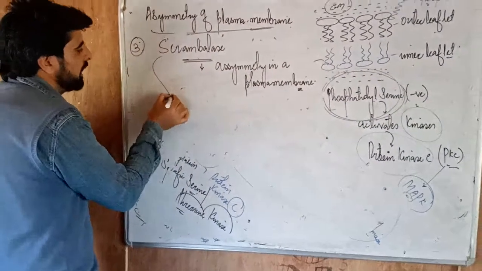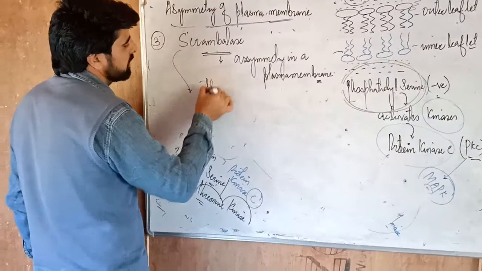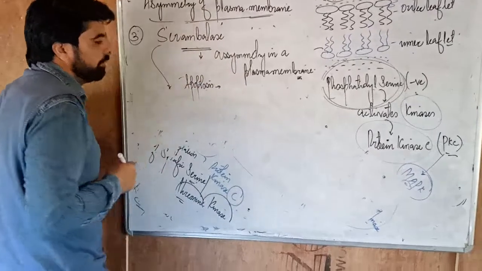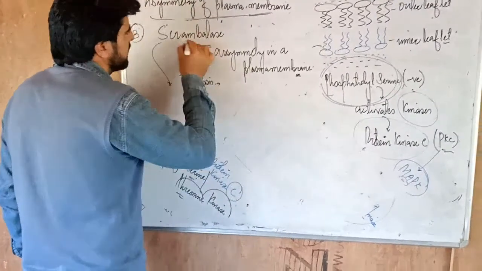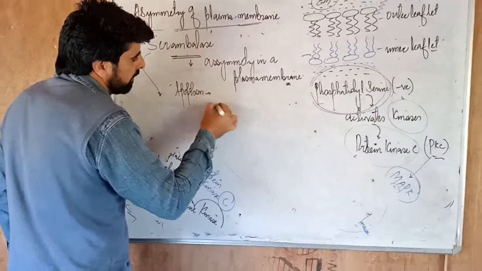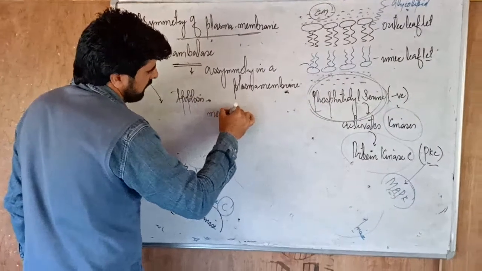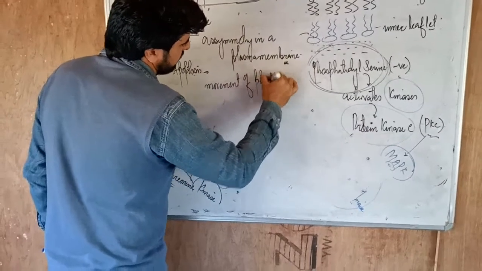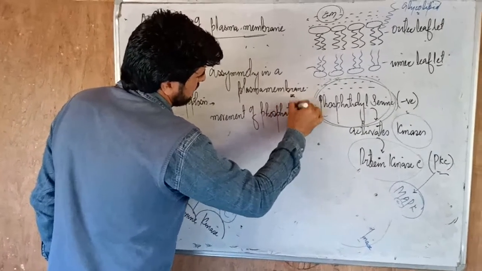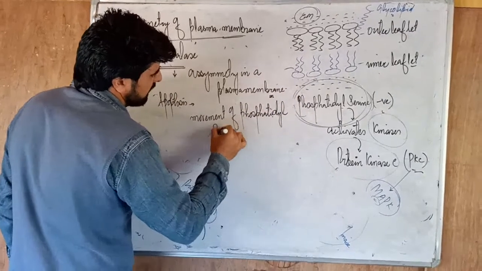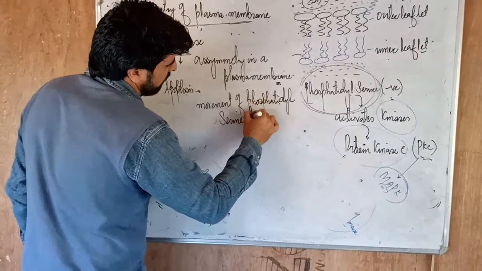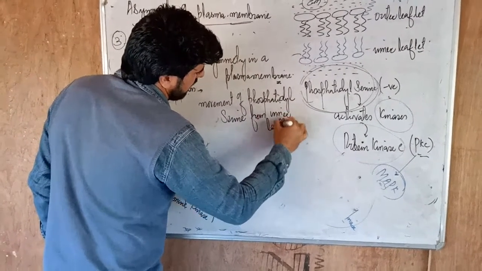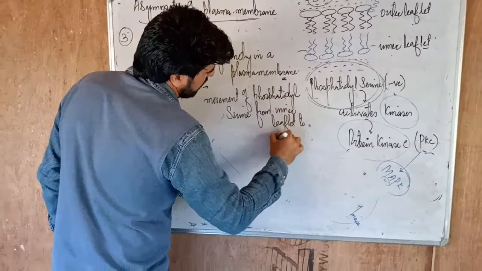And one more thing I told you about scramblase: it helps in the process of apoptosis. Apoptosis is programmed cell death, as I told you. What does scramblase do in apoptosis? Scramblase helps in the movement of phosphatidylserine from the inner leaflet to the outer leaflet.